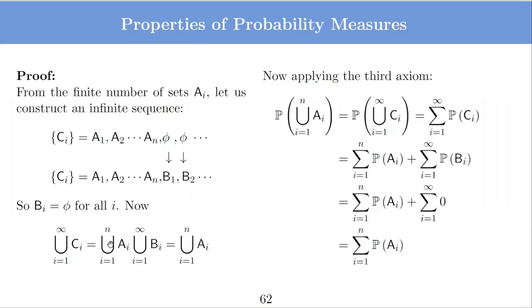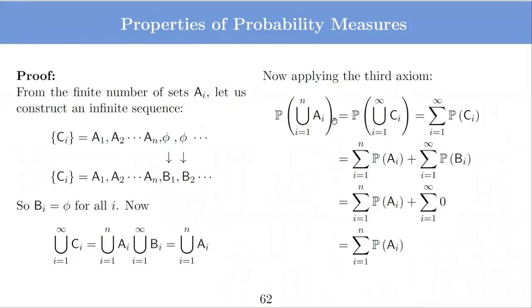Okay, so we can write it as the union of Ai's and the union of Bi's. And the union of Bi's is phi, since all of them are phi. If you take multiple, even infinitely many, empty sets, there is not a single element in those sets, so the union is also empty. So this is equal to the finite union of sets Ai.